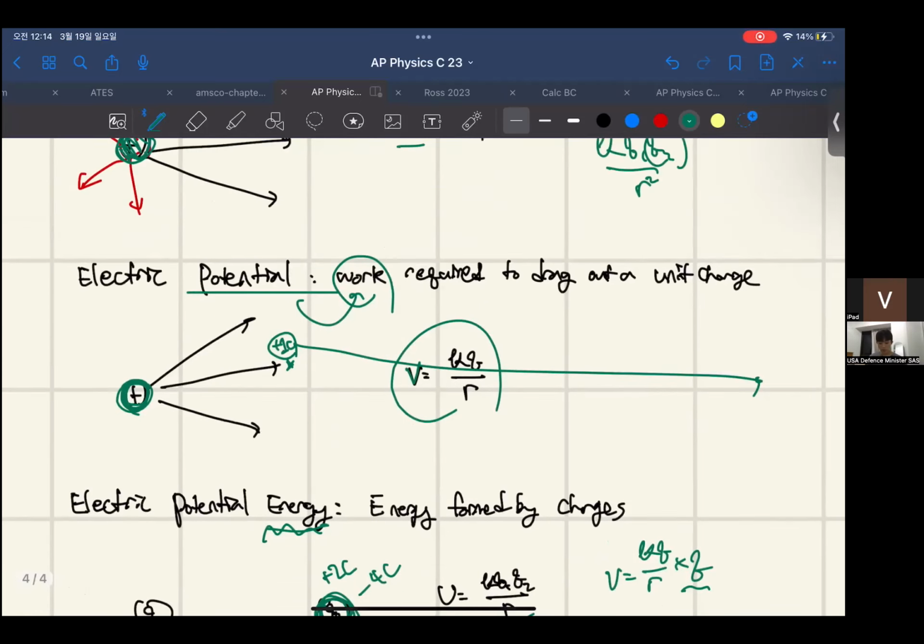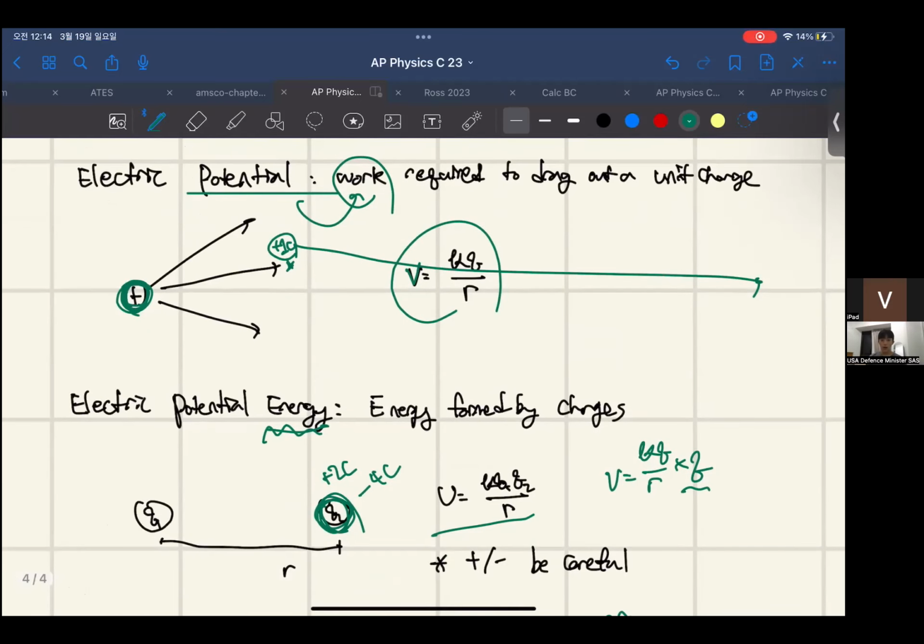Now, you have to keep in mind that when you say work required, it's very confusing because, again, let's come back to this situation over here, the blue situation. Now, you have a positive charge that's causing the electric potential or electric field. And on this point, you're putting a unit charge, which has a charge of +1 coulomb. This one's also positive.